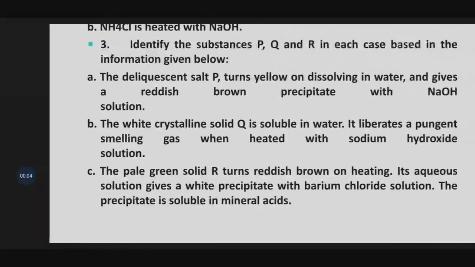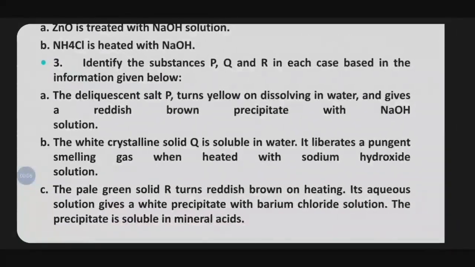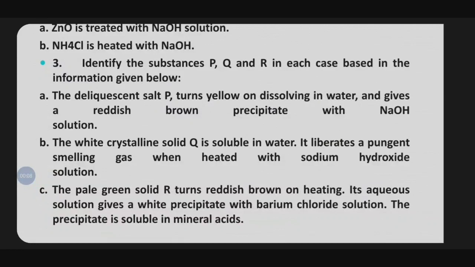Identify the substances P, Q and R in each case based on the information given below. First one is given: the deliquescent salt P turns yellow on dissolving in water and gives a reddish brown precipitate with sodium hydroxide solution. This answer is ferric chloride, FeCl3.